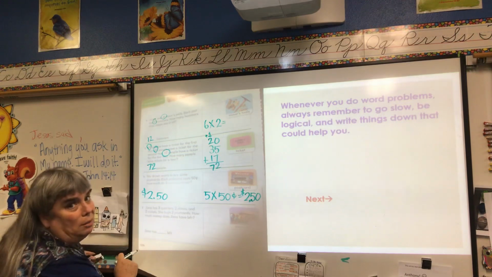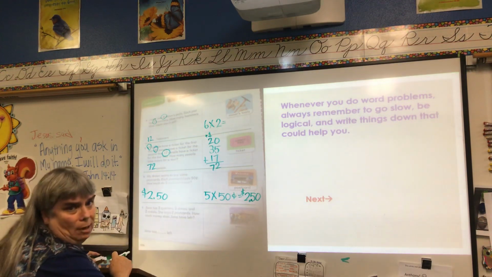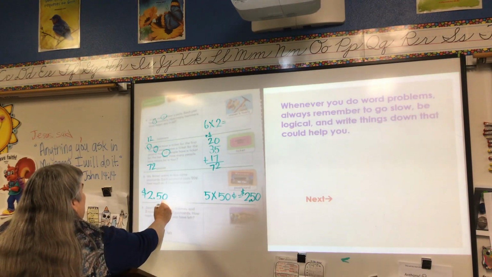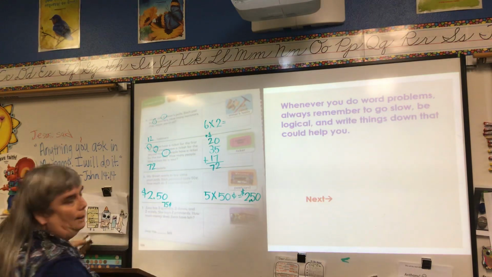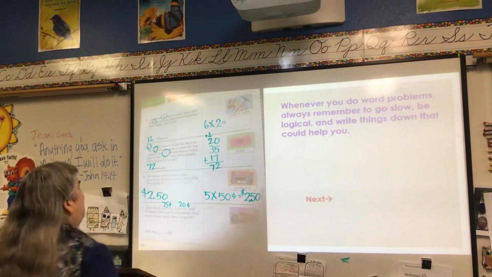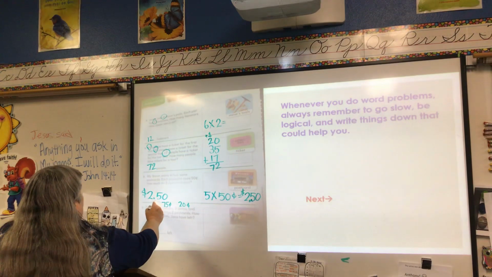And technically, that's really multiplication. Jana has 3 quarters. I happen to know that 3 times 25 is 75. And then 2 dimes, 2 times 10 is 20. And 2 nickels, 2 times 5 is 10.